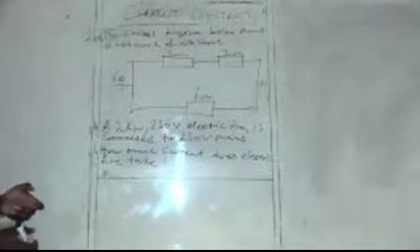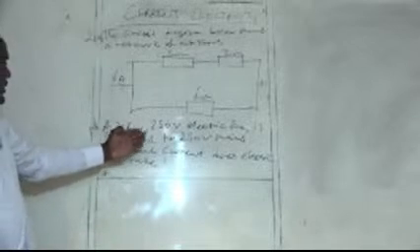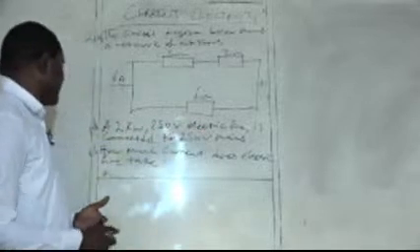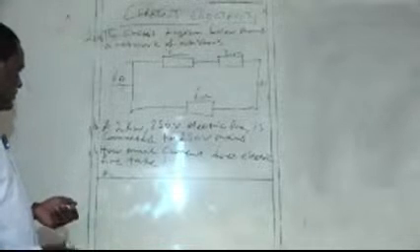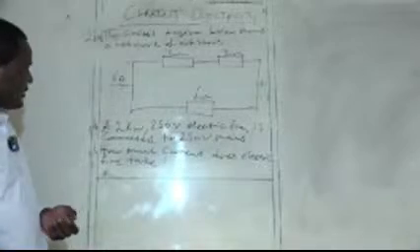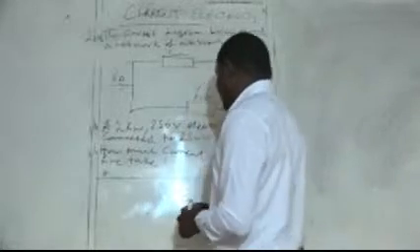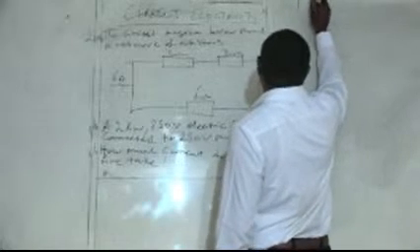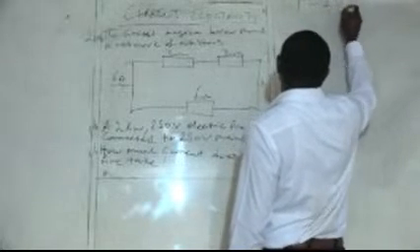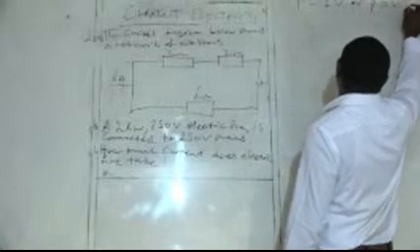Now, we have been told a 2 kilowatt 250 volt electric fire is connected to 250 volt mains. How much current does the electric fire take? So, in this case, in order for us to find current, we have this formula: power is equal to IV, or power is equal to VI.